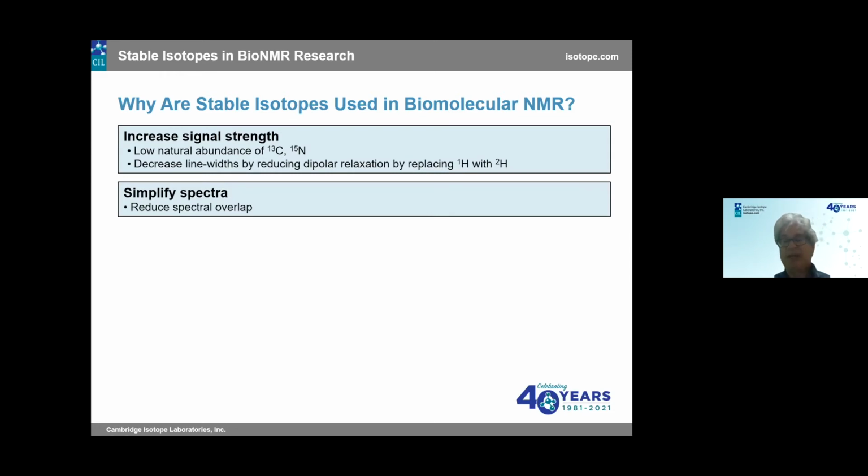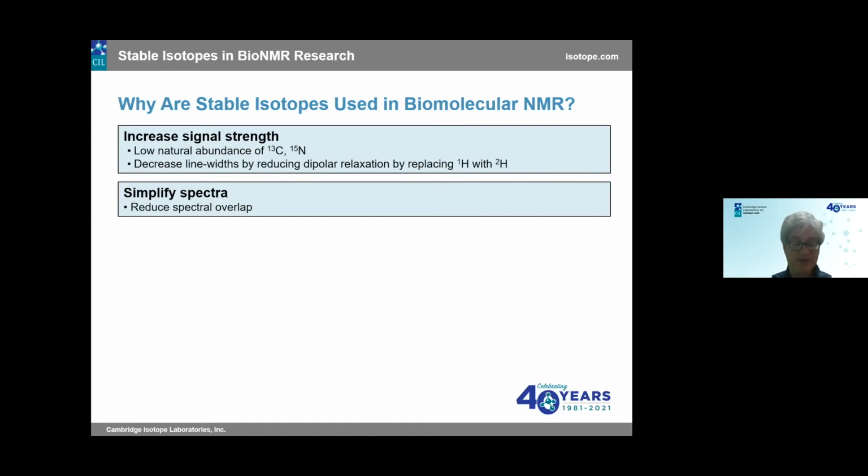In this type of labeling, one will just add certain amino acids that you'd like to see labeled to an otherwise unlabeled cell culture media. And so your protein will only have residues which you've chosen to see.